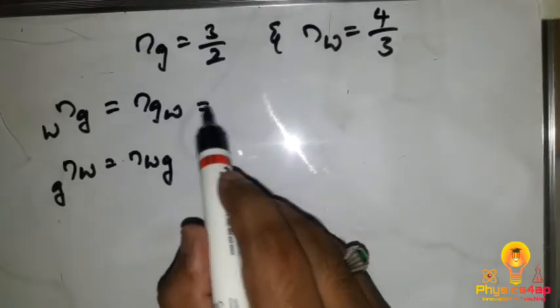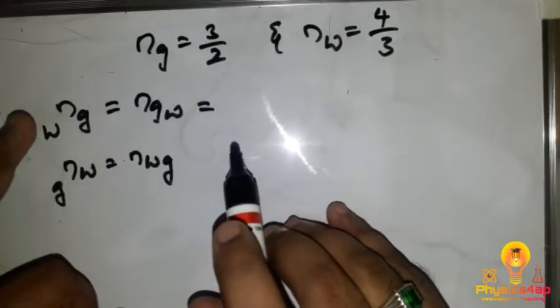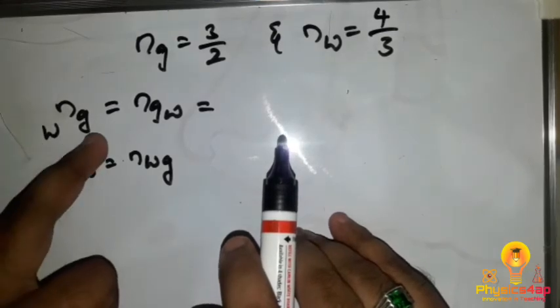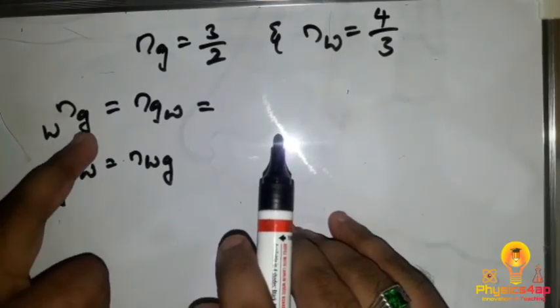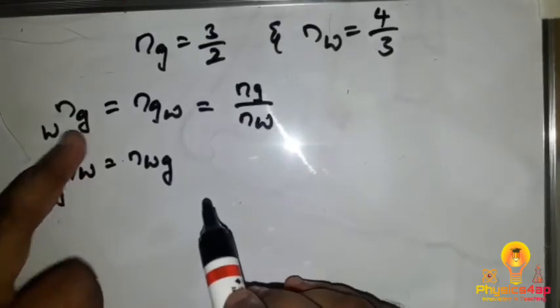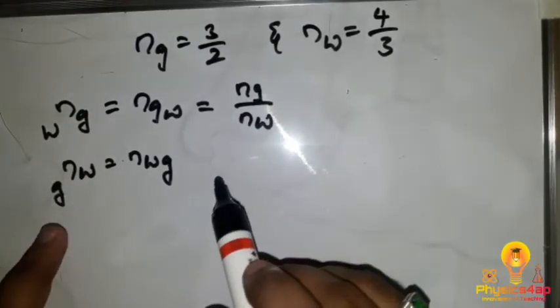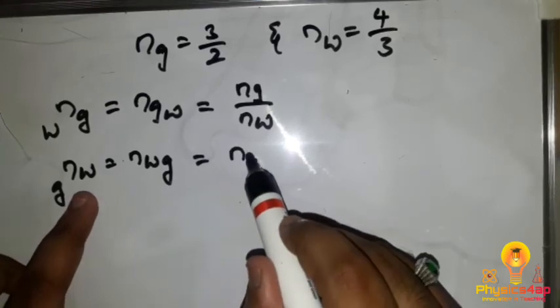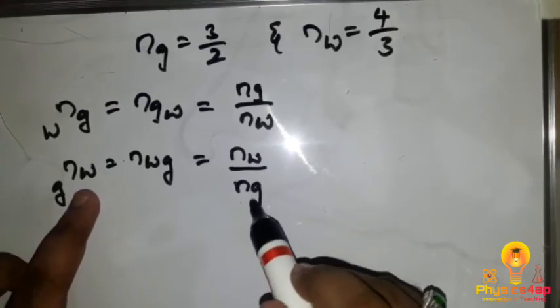Now can you tell me the formula for the relative refractive index? The refractive index of glass with respect to water is Ng by Nw, and the refractive index of water with respect to glass is Nw by Ng.